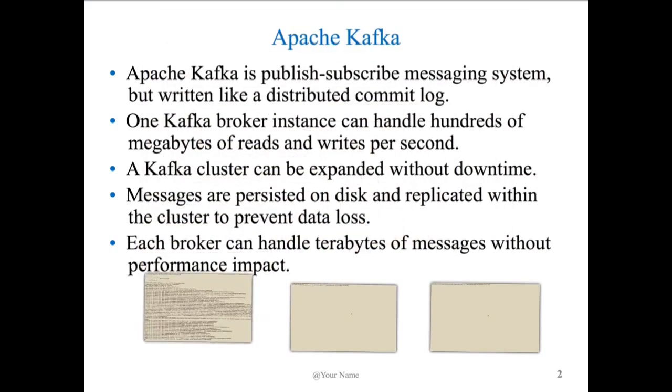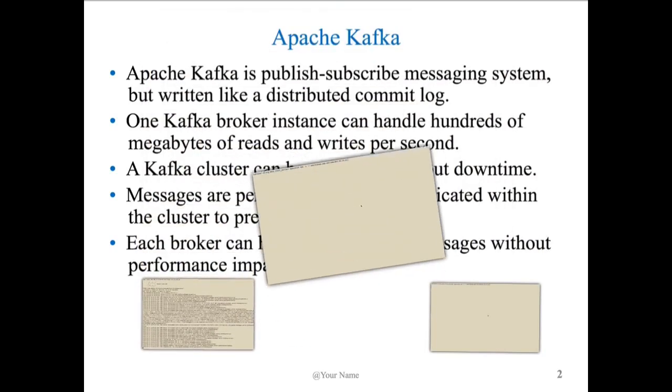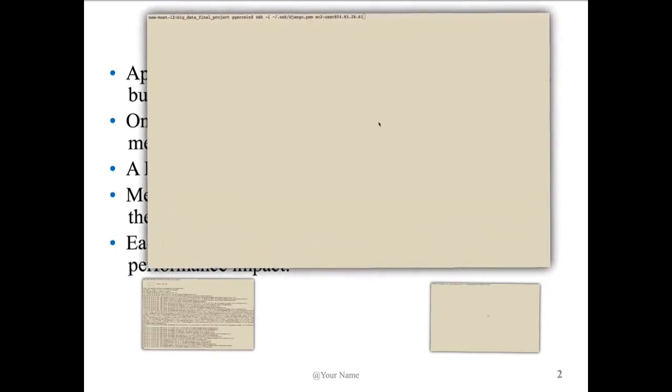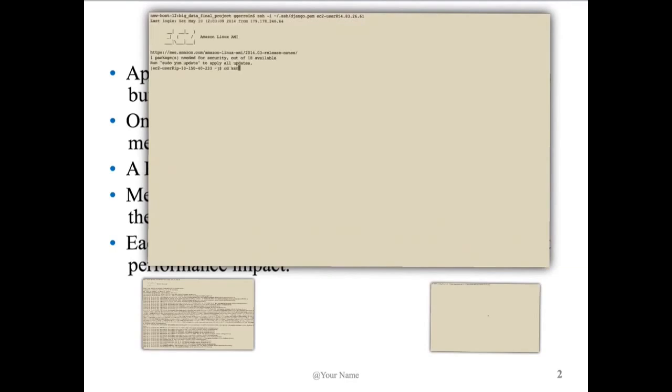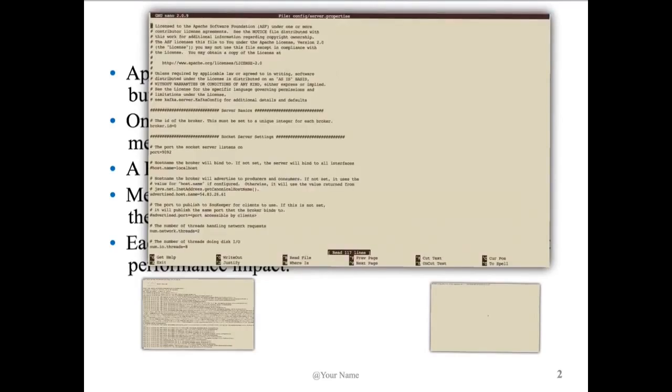So once Zookeeper is set up, then we can actually start the Kafka server itself. So again, I just open up another window, log in, get to the root of Kafka, and let's look at the Kafka properties file that we're using. The first thing you'll notice here is that we have to set the advertised host name.